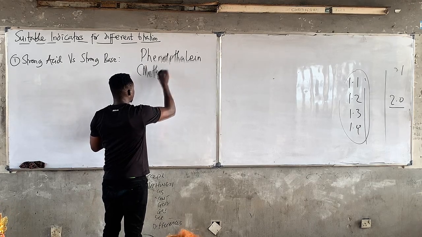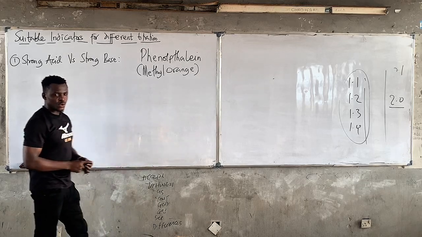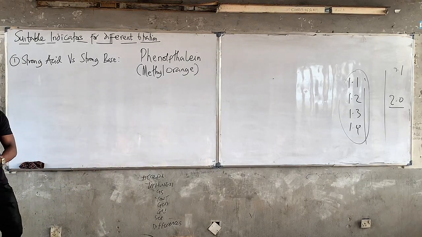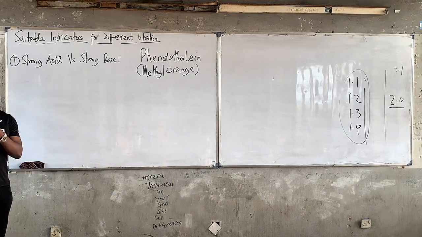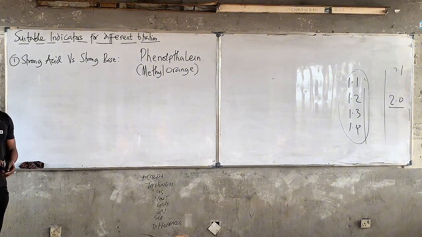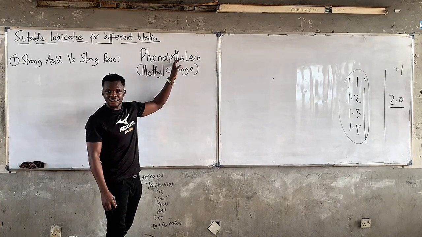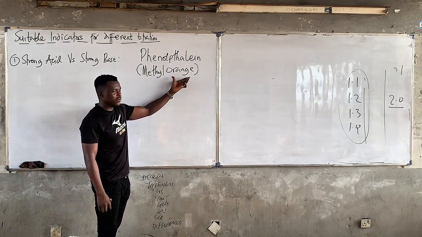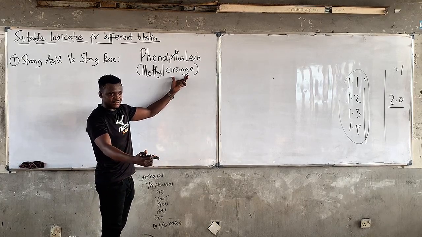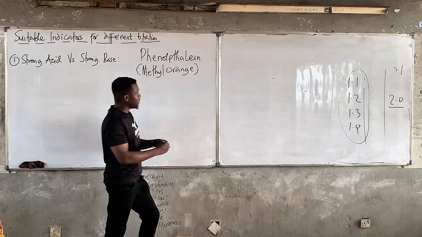We can use methyl orange, only that we're going to use more volume of the acid. But if you use phenolphthalein, you use less volume of the acid. Many of us may not really understand what I'm trying to say, but if you use phenolphthalein, the end point is going to come faster. When you use methyl orange, the end point will come much later, because this changes color at a different pH.